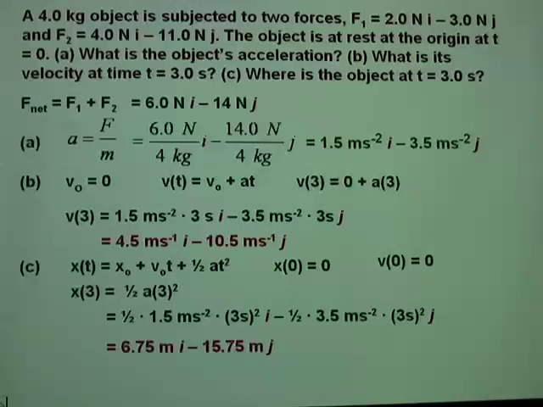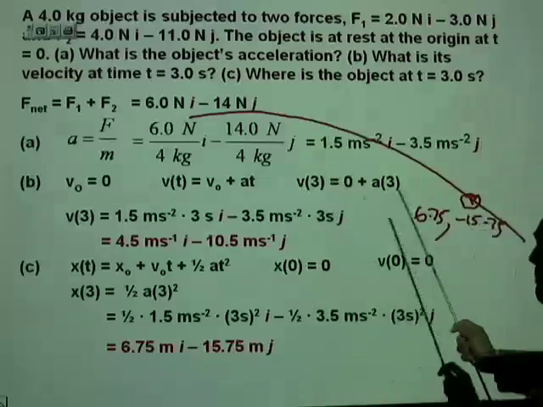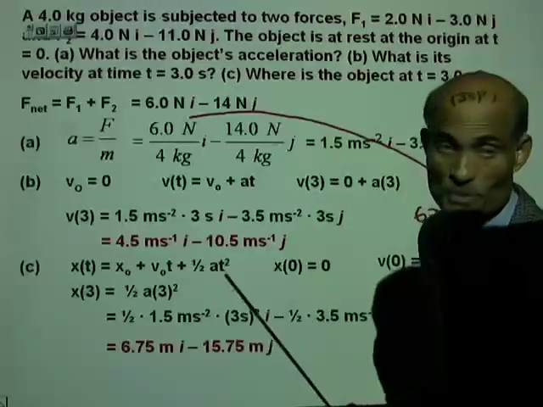If I use here, the particle has been moving like this. It is now somewhere here where its x position is 6.75 and its y position is 15.75. That is the meaning there. This is where the object is at the end of that 3 seconds.